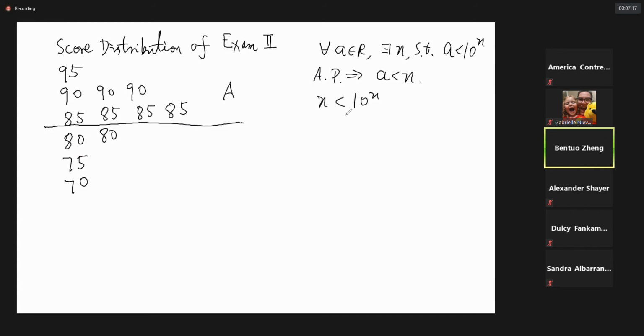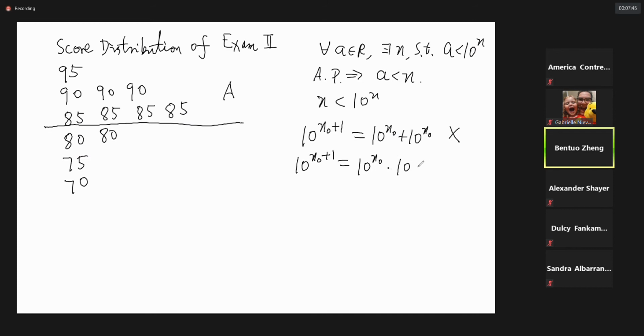So when you use mathematical induction, in the inductive step, many people write 10 to the n0 plus 1 is equal to 10 to the n0 plus 10 to the n0. So, okay, this is wrong, okay? You should understand what this is: 10 to the n0 plus 1 is equal to 10 to the n0 times 10, okay?